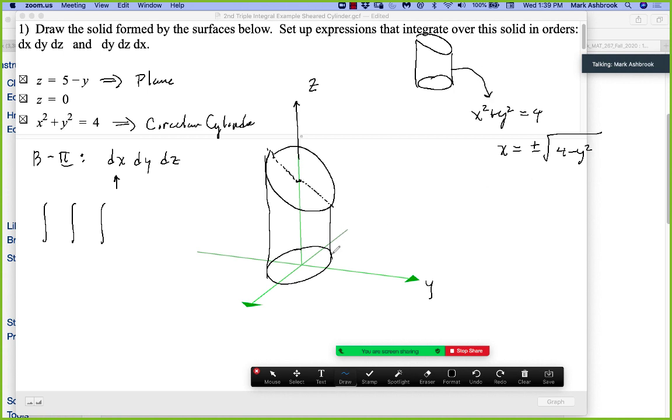So the back is going to be the negative, right? Back there in negative x territory. The back half is negative square root of 4 minus y squared. And the front is? Positive. Positive version.